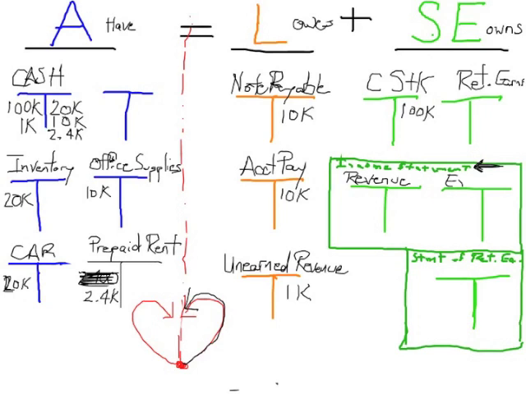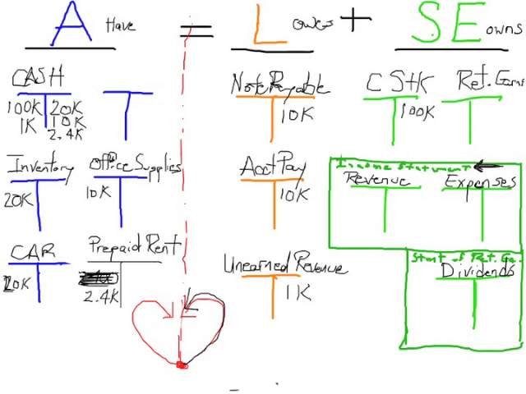The cost of doing business would be expenses. Revenue minus expenses goes on the income statement. And down at the very bottom, you see statement of retained earnings. Dividends are also an equity account, and so they can be put here.